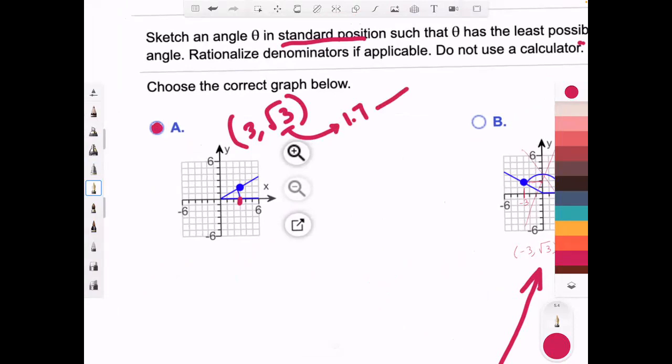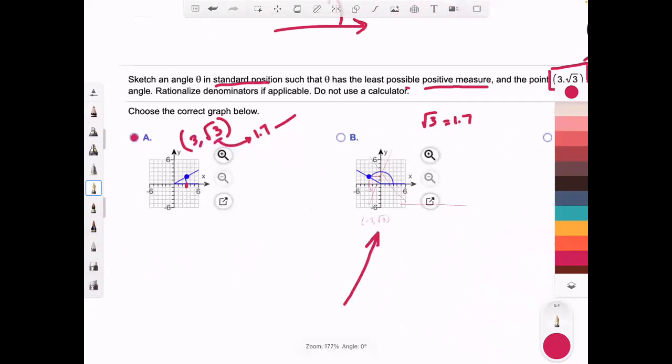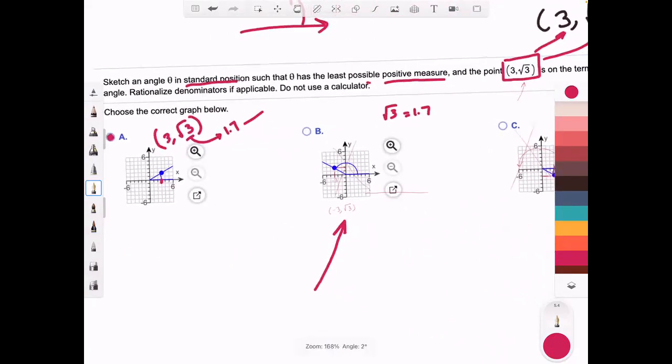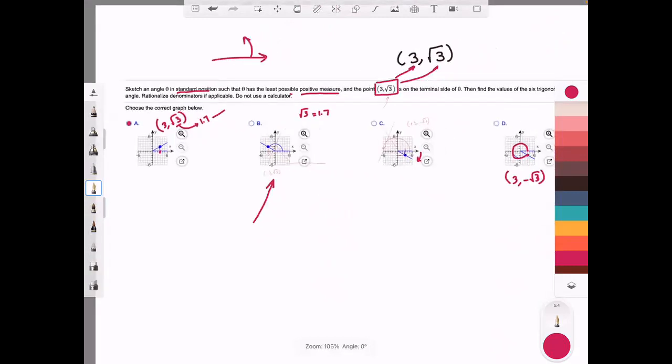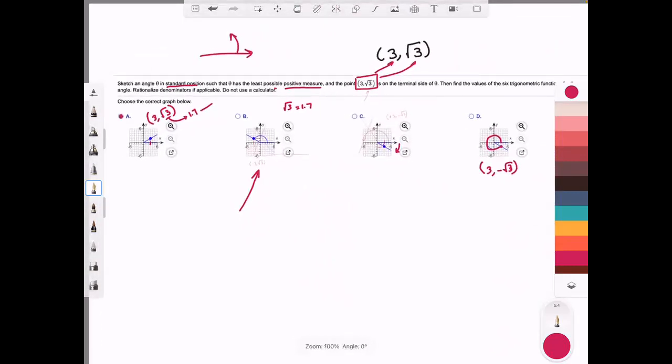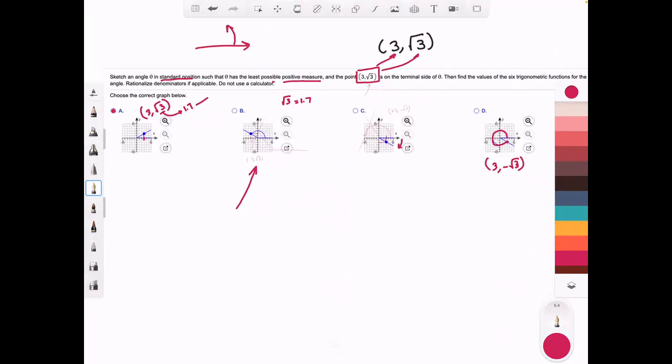Another question is, they're asking us 6 trigonometric functions. So we already know the 6 trigonometric functions.